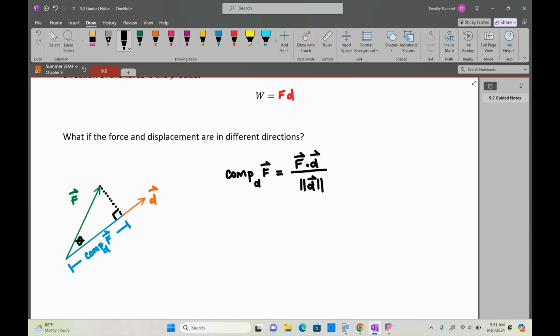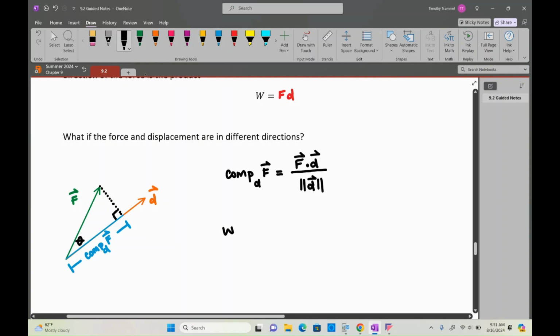So our work is really going to be the force that is in the direction of the displacement multiplied by the magnitude of the displacement. So this is really still force times displacement.